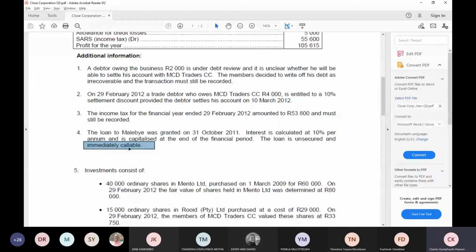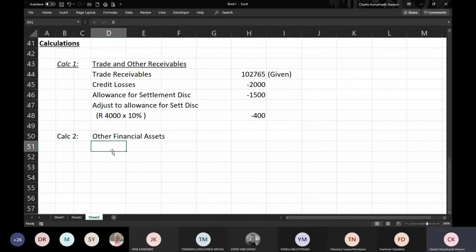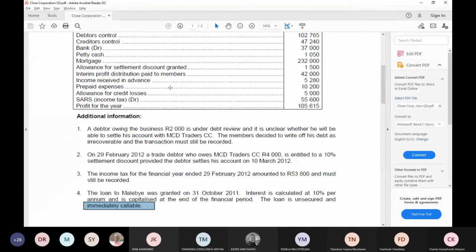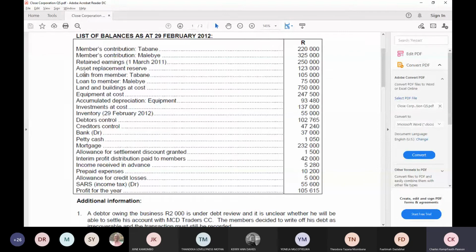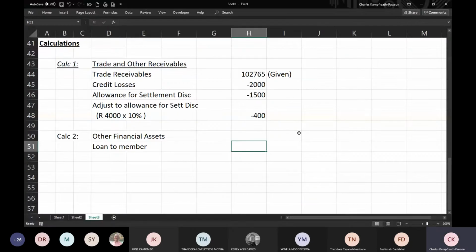It's immediately payable. So we can expect it must be repaid at year end. So the loan to member, 75,000.